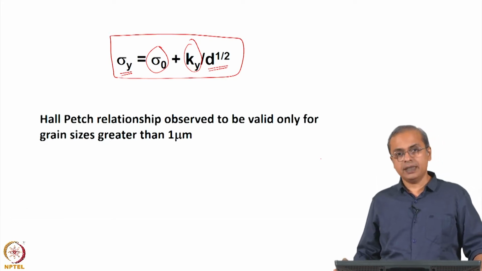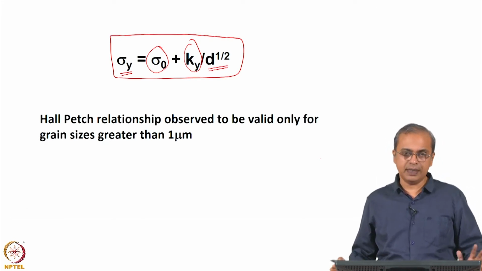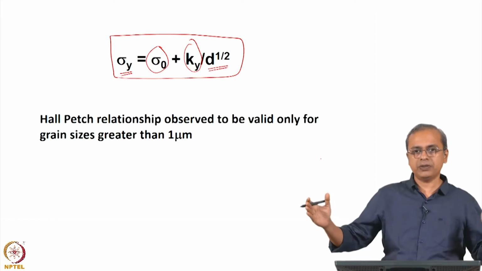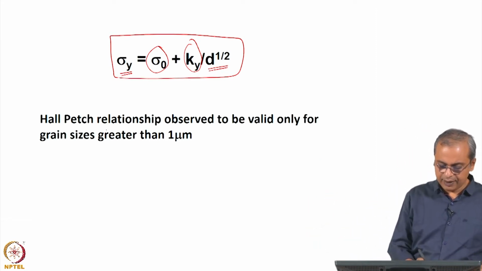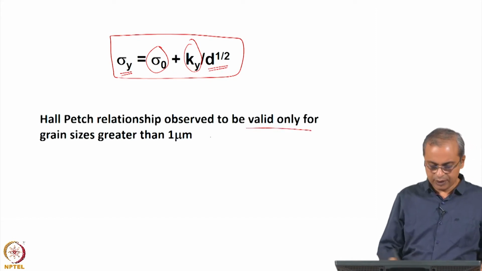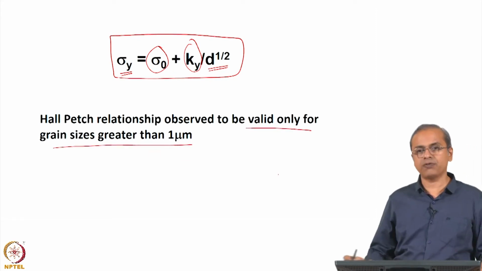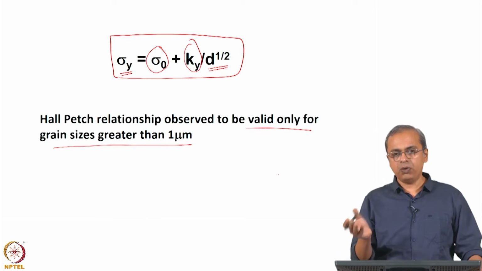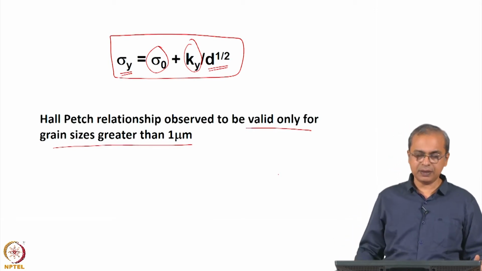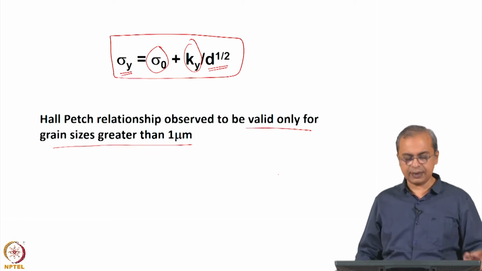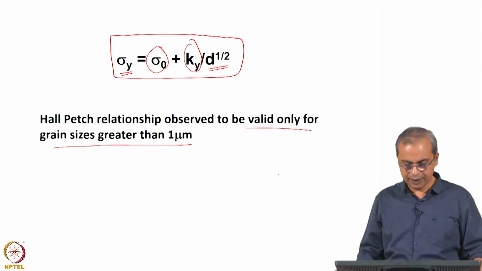What is generally known of this relationship is that it is valid over a wide range of grain sizes. However, generally it has been observed that it is valid only down to a grain size of about 1 micron. If you go below this 1 micron grain size, this relationship does not hold very effectively, and that is an observation that people have had.